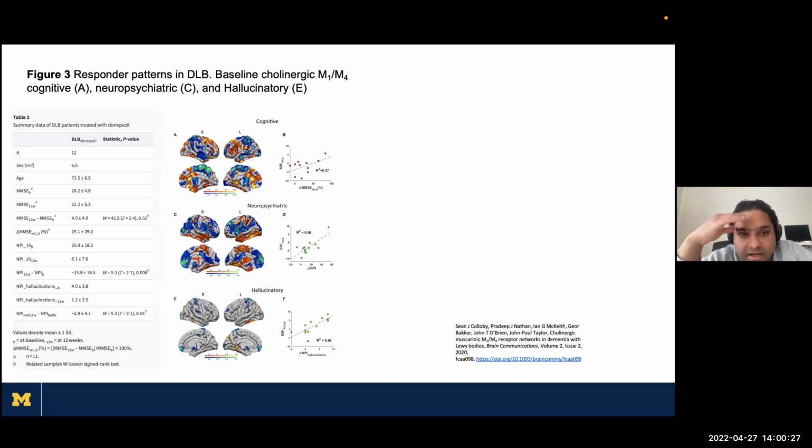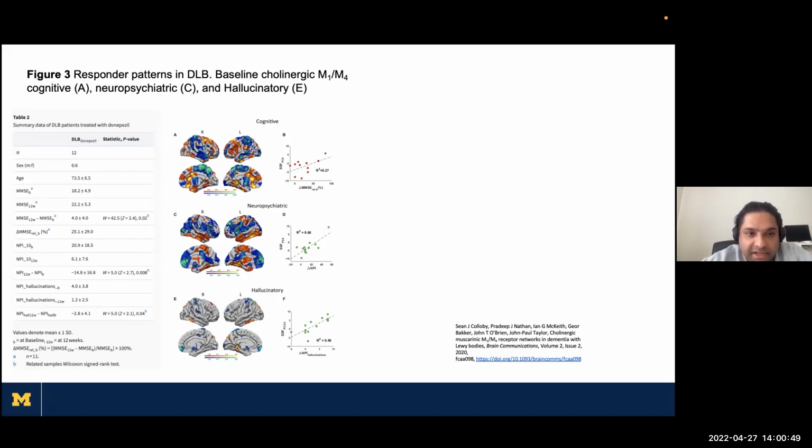If you look at the top, A on the figure. Basically they took an image at baseline, and they calculated MMSE scores, NPI total scores, and also hallucinations.